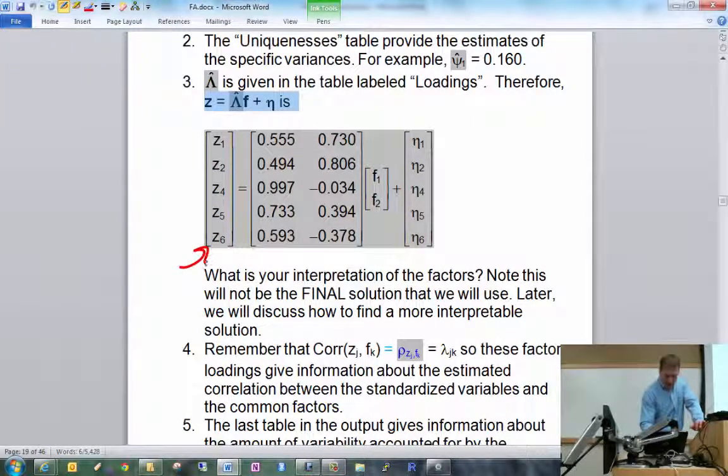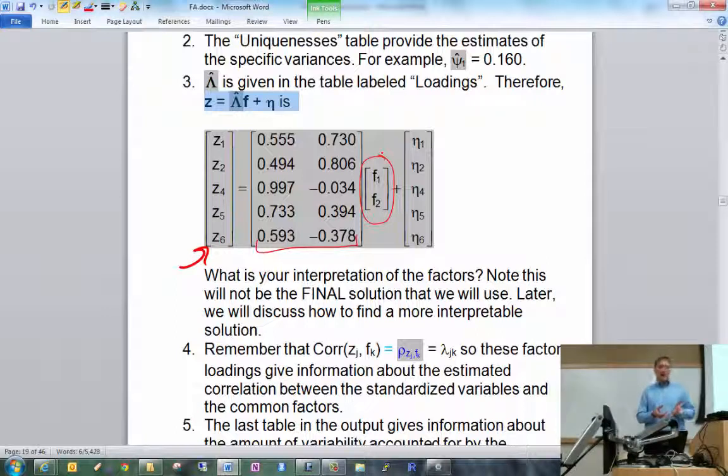So what we have here is the standardized variables, and we're saying that these standardized variables come about through this particular model structure, where we have our factor loading matrix, and that basically allows us to find linear combinations with our common factors. In this case, we only had 2 common factors. And of course, this factor loading matrix, since it's allowing us to form these linear combinations, the lambda hats that are assigned there really help us determine what these common factors are actually measuring.